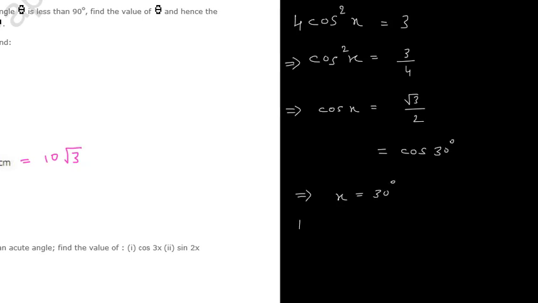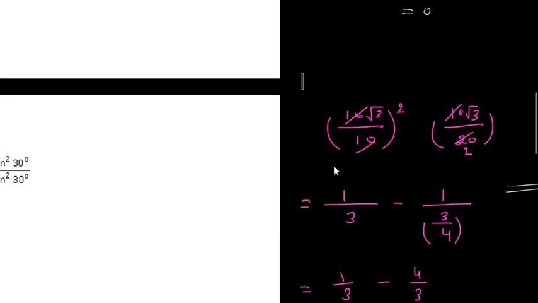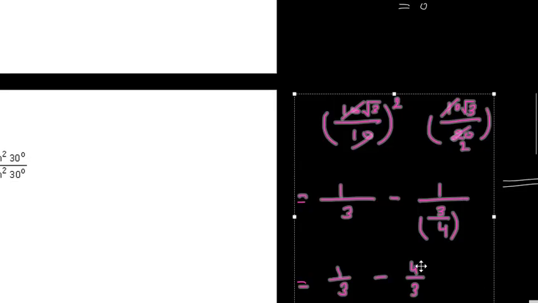Now I will calculate easily. First I have to calculate cos 3x. So cos 3x is equal to cos 3 into 30 is 90 degree, and cos 90 degree is 0, and sin 2x. Next I have to find the value of sin 2x.